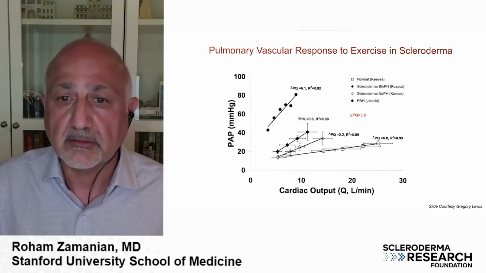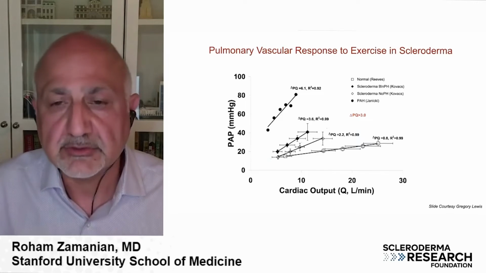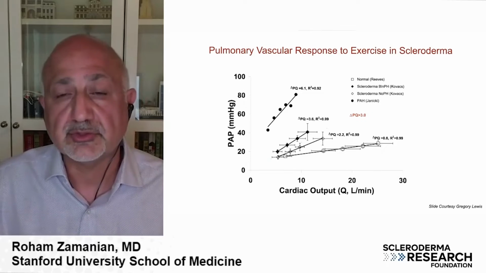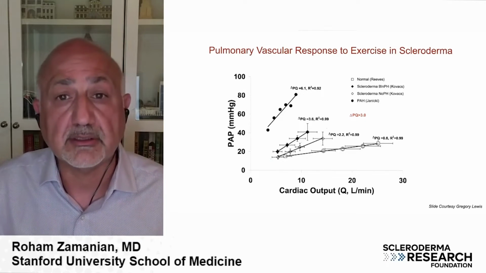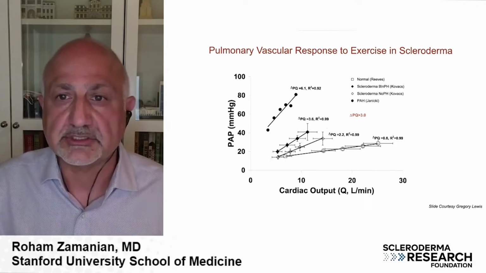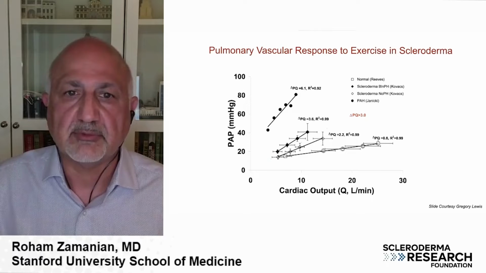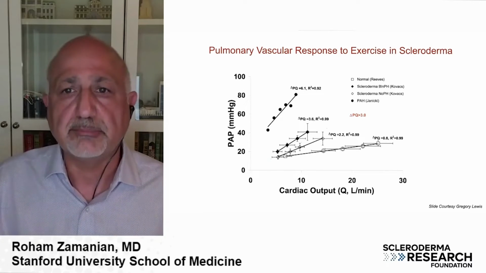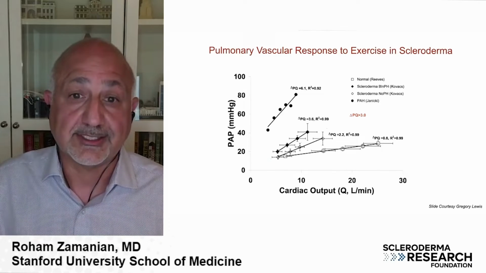So when you're being diagnosed for early pulmonary hypertension due to systemic sclerosis, you may actually even participate in clinical trials or studies that will say, we want to see how you exercise, and we want to see the response of your pulmonary vasculature before and after a therapy, for example, to exercise.